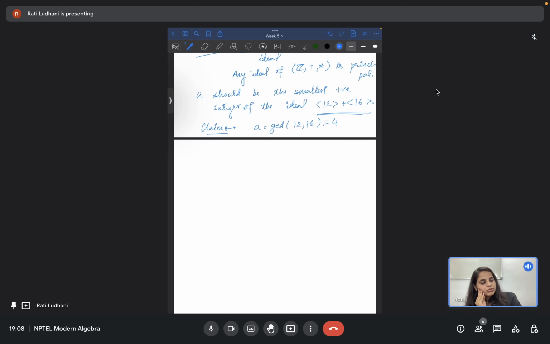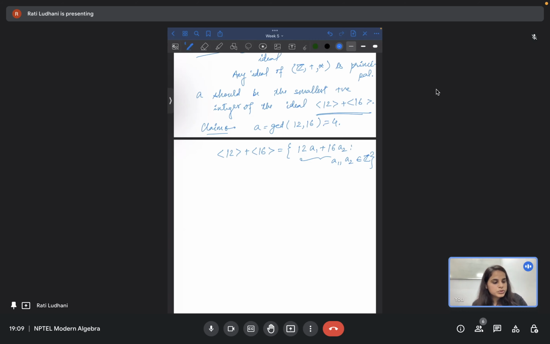So I'm saying this is my claim. To prove this, A is the smallest positive integer of the ideal. The ideal is, as I wrote earlier, equal to 12 times A1 plus 16 times A2, such that A1 and A2 belong to Z. This is again a combination of 12 and 16.